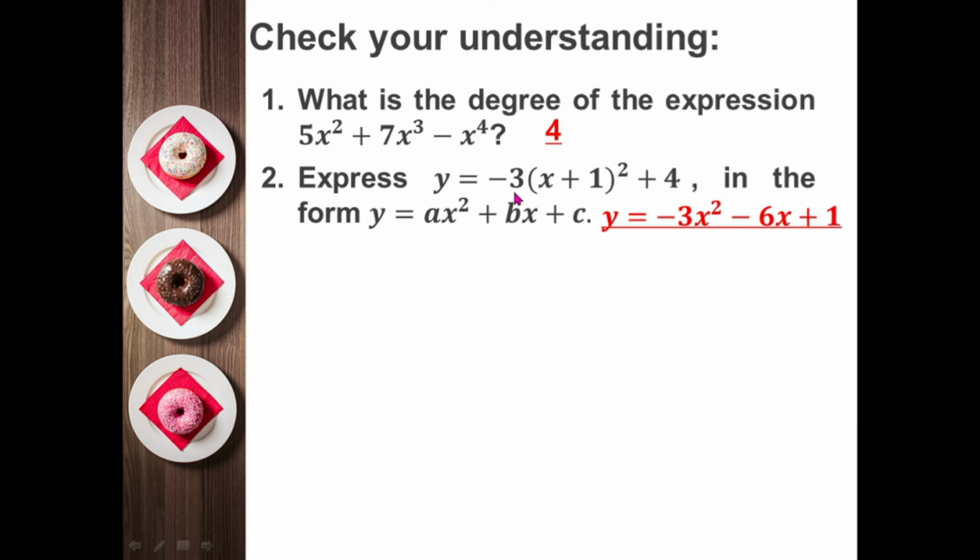We simply simplify this given quadratic function. So we take the square first of x plus 1, then we multiply by -3, and then combine them with positive 4.